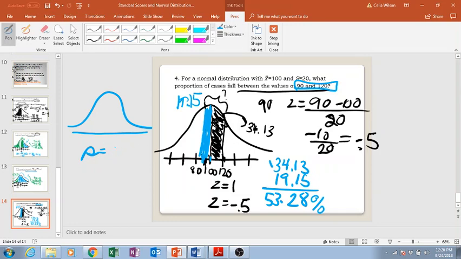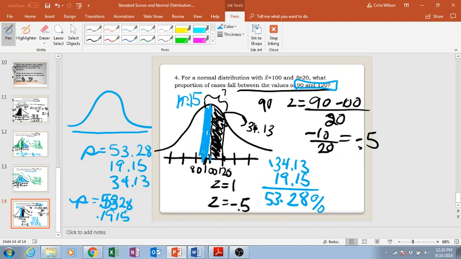Whereas in your book 53.28 is what we calculated, or the 19.15, or the 34.13, when we start talking about probabilities, we're going to move that decimal. So we're going to say 0.5328 and 0.1915. This will allow us to talk about the probability of us getting the result we got, whatever that result is.